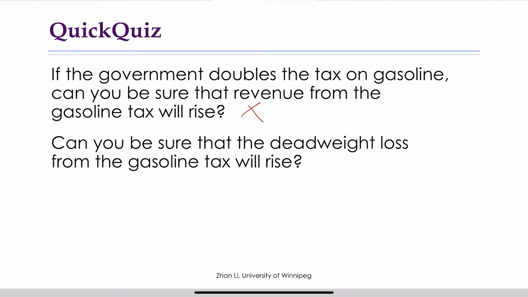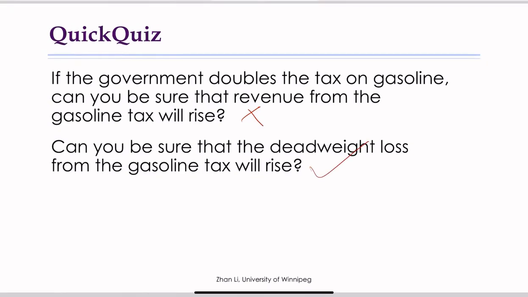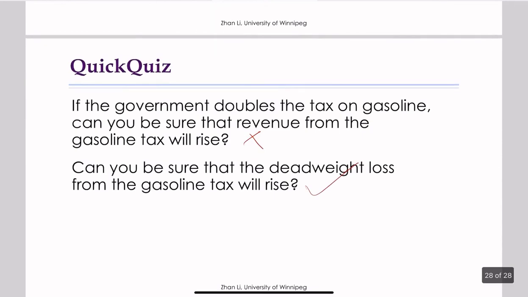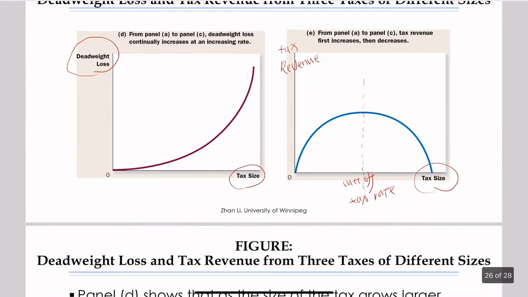Can you be sure that the deadweight loss from the gas tax will rise? Well, you can be sure, right? Because we have learned deadweight loss always increases with tax. So basically, to solve this so-called quick quiz, you just need to look at these two pictures, right? Then you will get your correct answer.